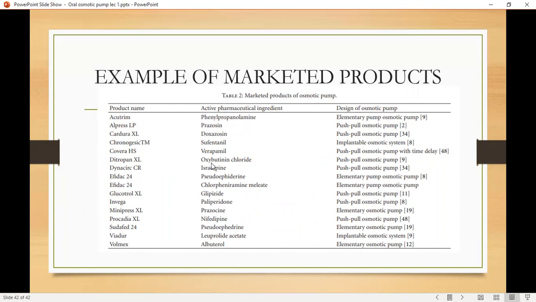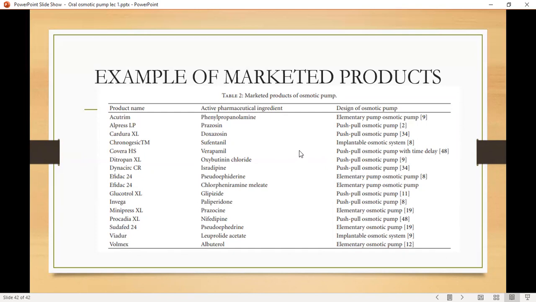These are the active pharmaceutical ingredients in these products, and these are the different osmotic systems in which these formulations are designed. You can see that the push-pull osmotic system is also present for Glucotrol, then Minipress. These are different examples of drugs that are available in the market in the form of osmotic pumps.